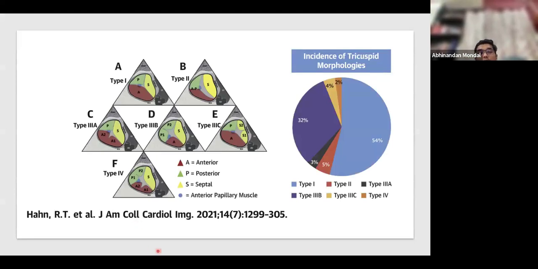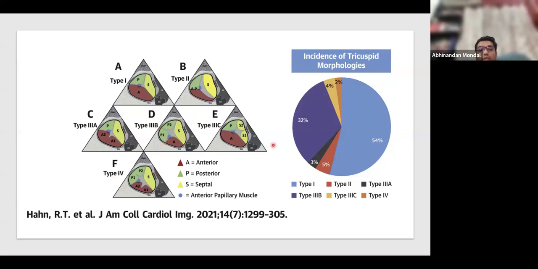So the classical image that we see of the tricuspid valve, three leaflets, that is your anterior, septal, and posterior, is present in only 54%. So the rest, 46% of patients, have other configurations. The next most common is type 3B, where there are two leaflets, P1 and P2, of your tricuspid valve.